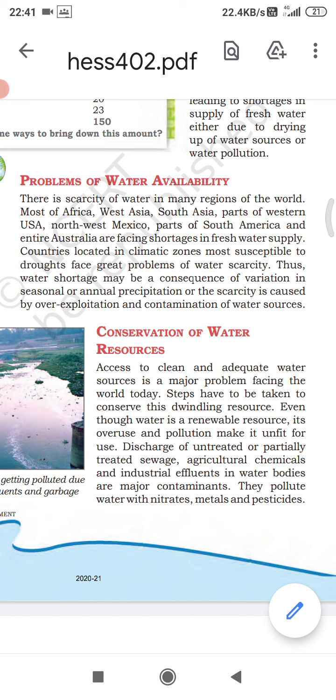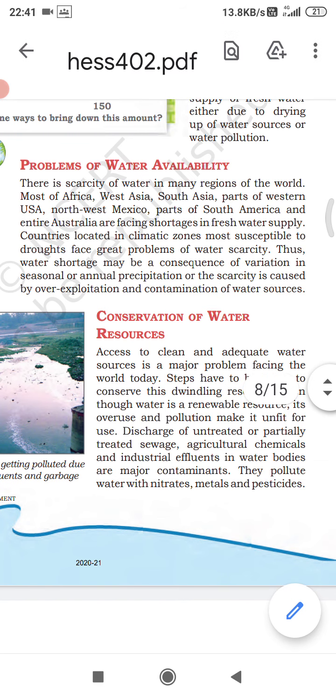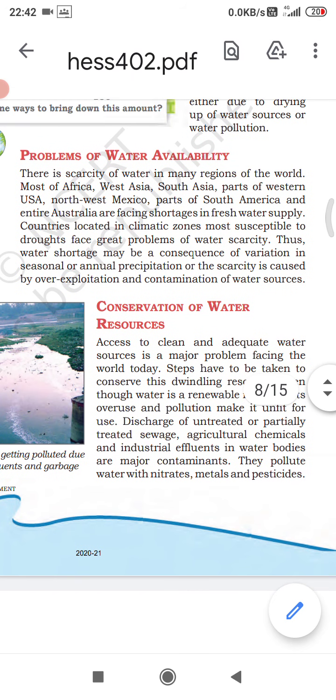Countries located in climatic zones most susceptible to droughts face great problems of water scarcity. Thus, shortage may be a consequence of variation in seasonal or annual precipitation. The scarcity is also caused by overexploitation and contamination of water sources.